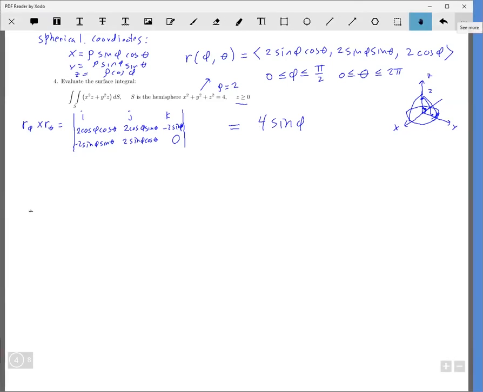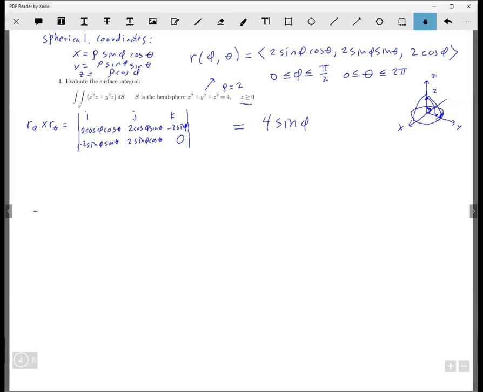So let me do something really quick here. Do you guys remember what section spherical coordinates was?